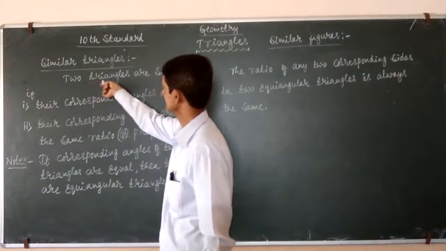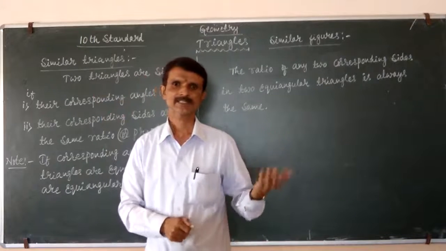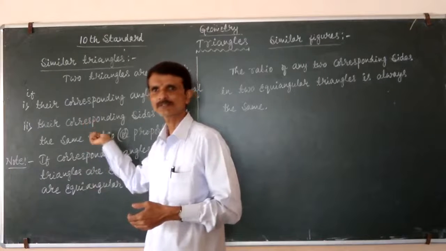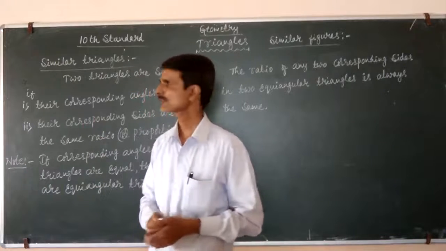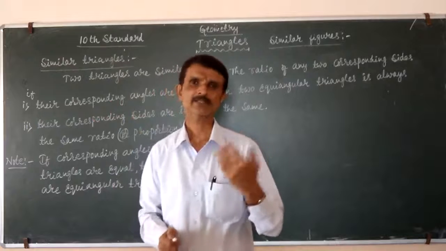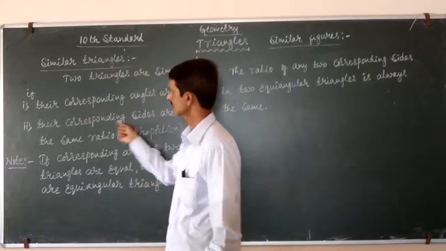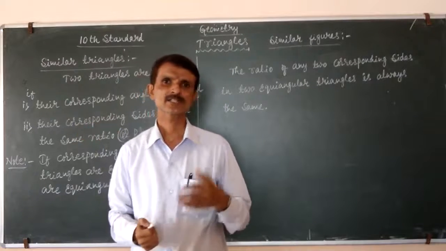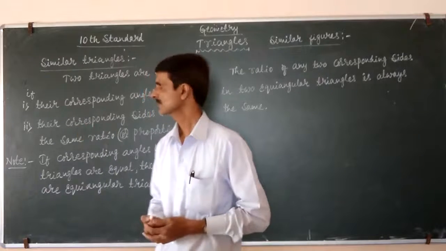So by the definition, if two triangles are similar, these two conditions should hold good. The first condition is their corresponding angles must be equal, and the second condition is their corresponding sides are in the same ratio.